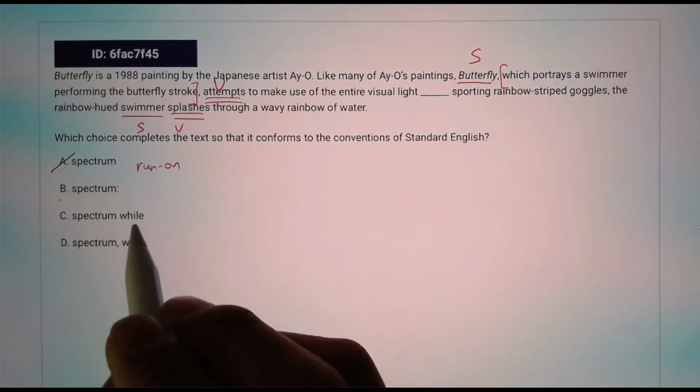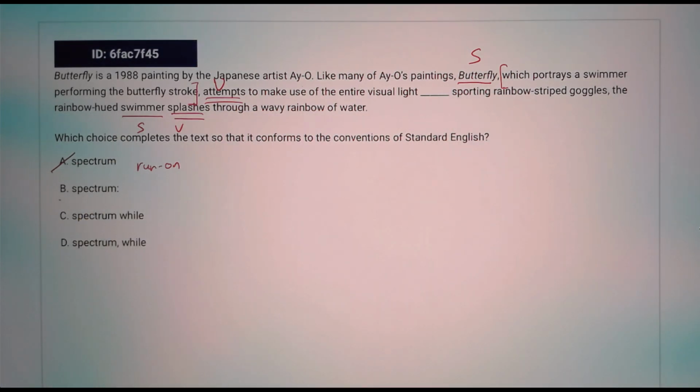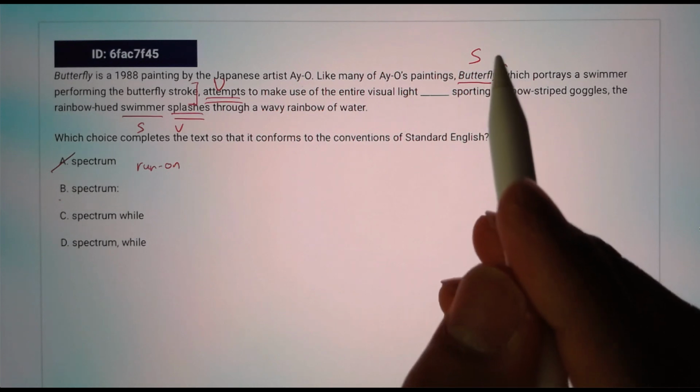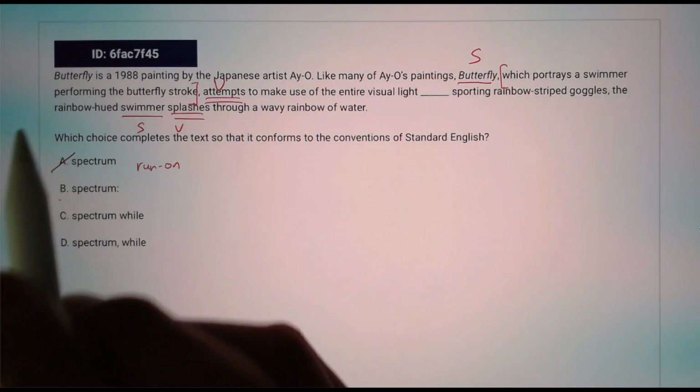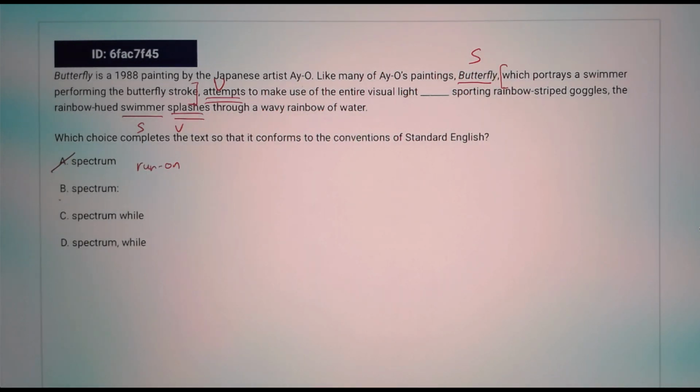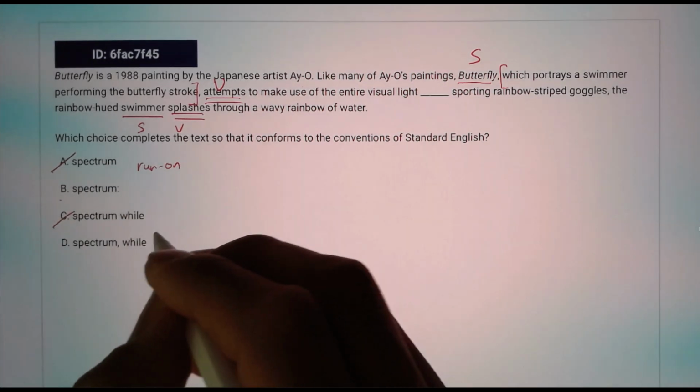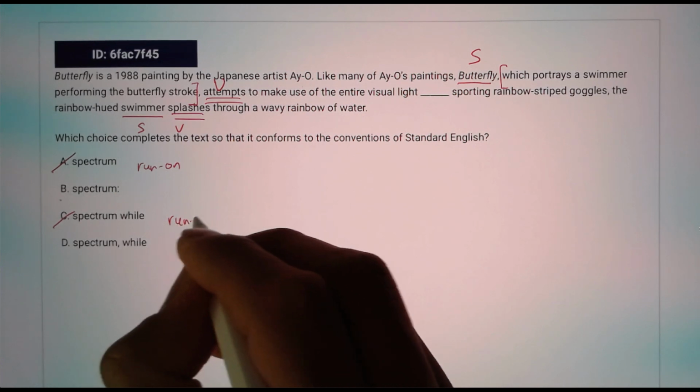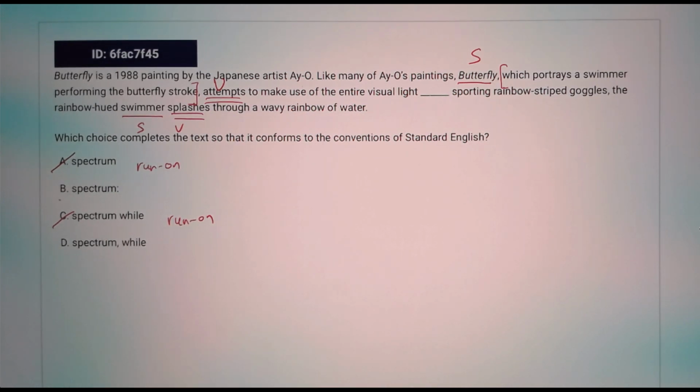If you say while, it creates a dependent clause, which makes it independent followed by dependent and independent, and you won't really see that kind of structure in the English language. So C is out, and I'm also going to say it's a run-on due to the missing boundary punctuation.